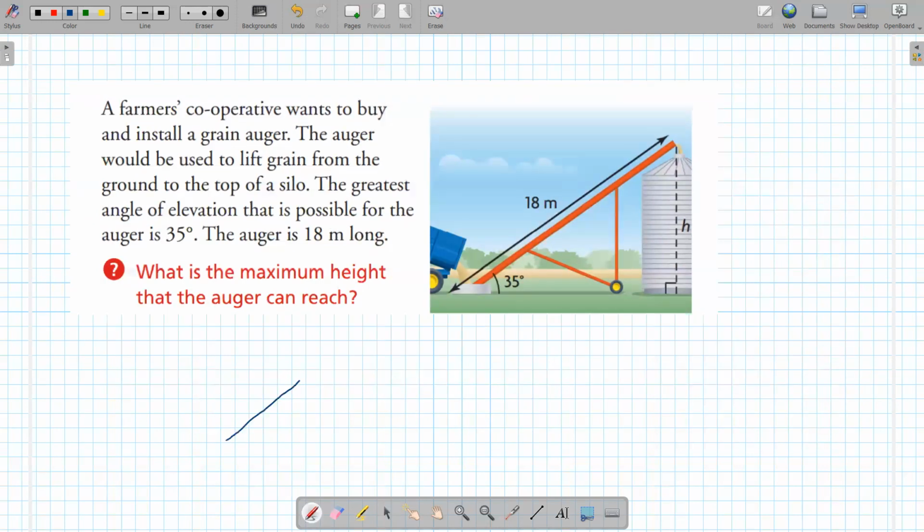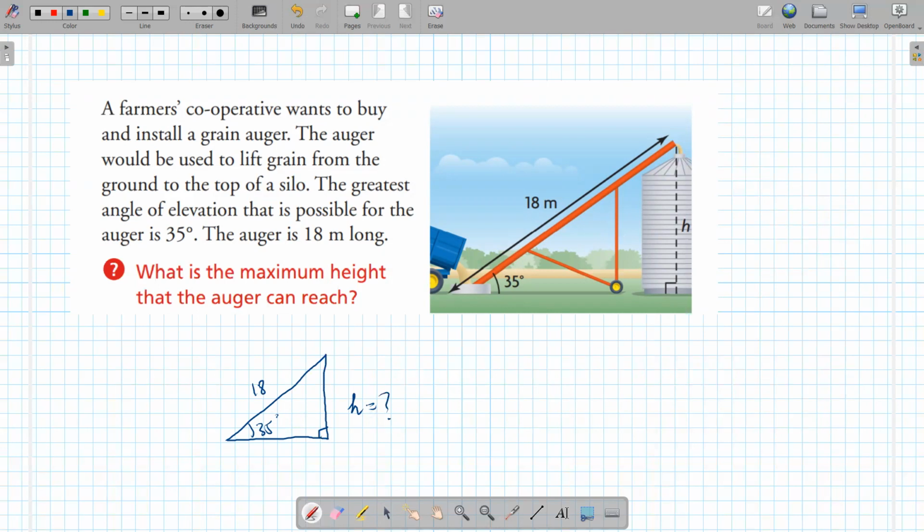There's a lot of bloat on this diagram, but the only thing that you need is what's h? This is given, this is given. Is this sine, cosine, or tan? You have to ask yourself, what is given, what are they looking for, and which ratio is going to work for that.